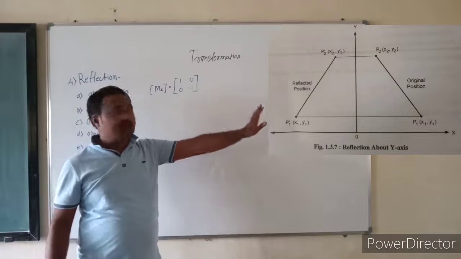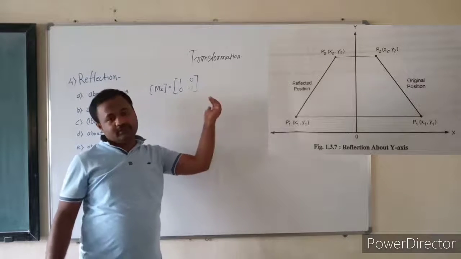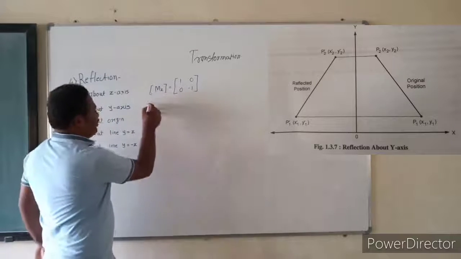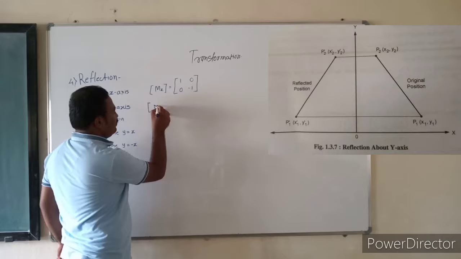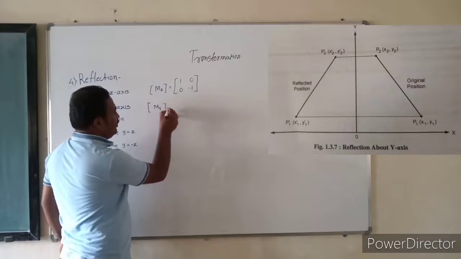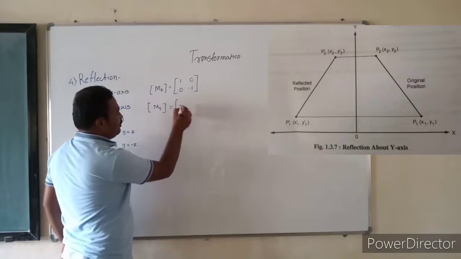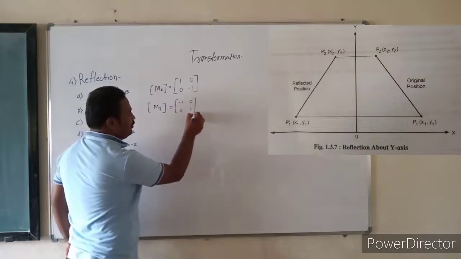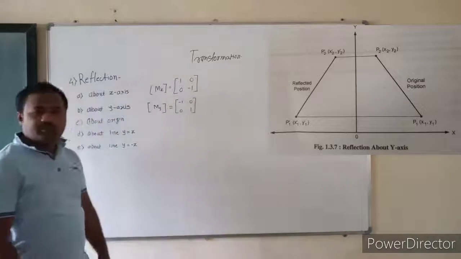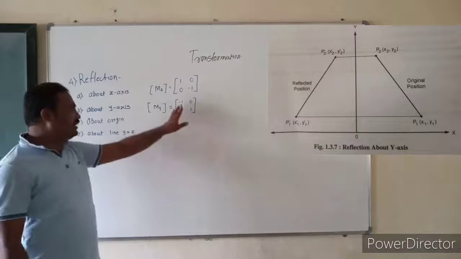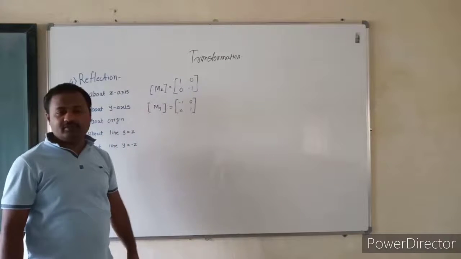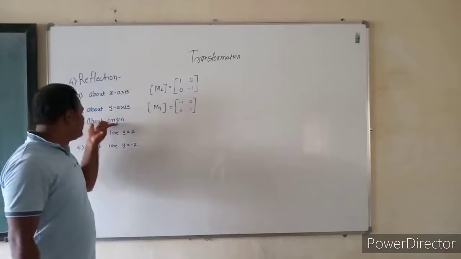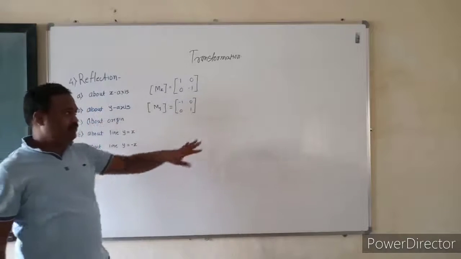Only here, reflection about the y axis means x becomes negative. So the matrix is minus 1, 0, 0, 1. Only x becomes a negative value. The other one is the same.